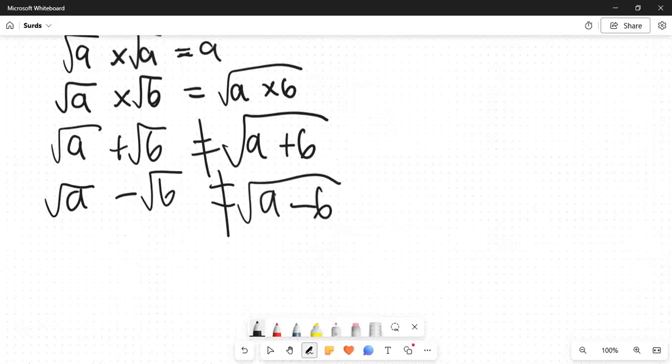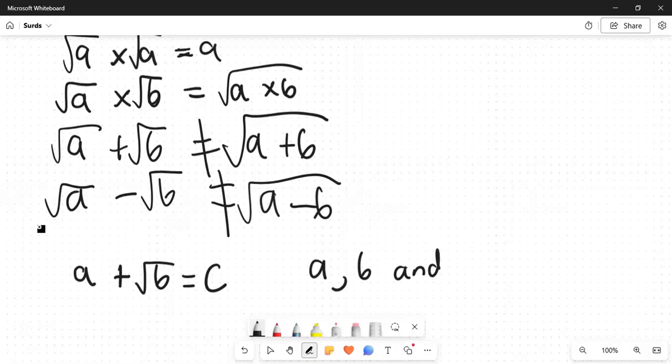Another law is, after adding or subtracting or multiplying, you can be told to write your answer in a plus b root c form, whereby a, b, and c are integers.